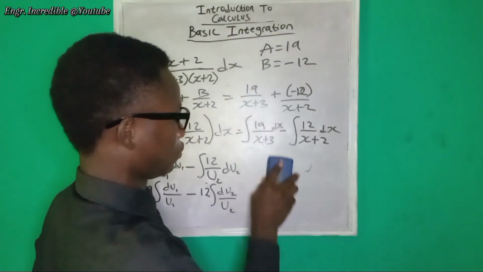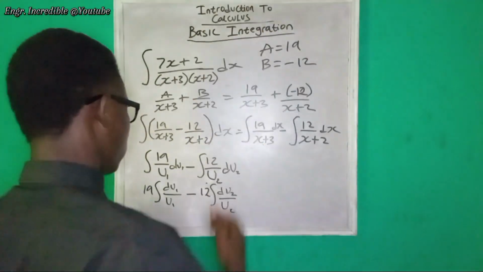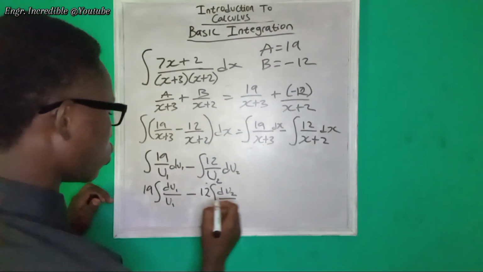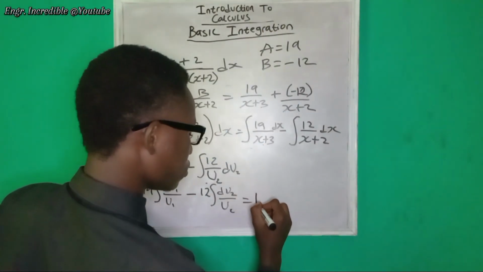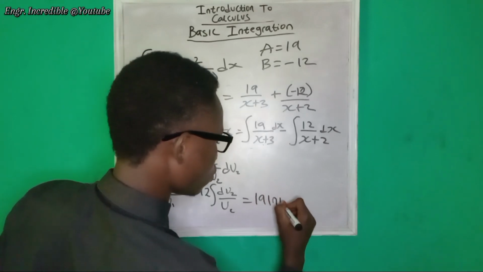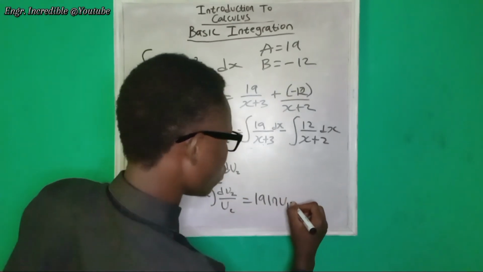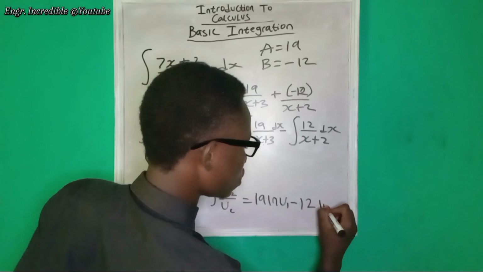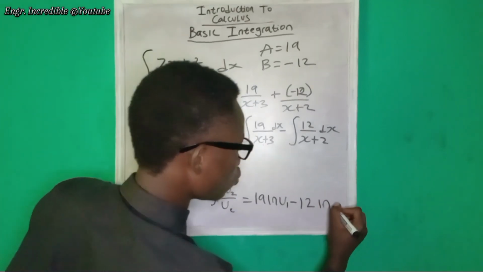So directly here, we know that the integral is equal to 19 ln u1 minus 12 ln u2.